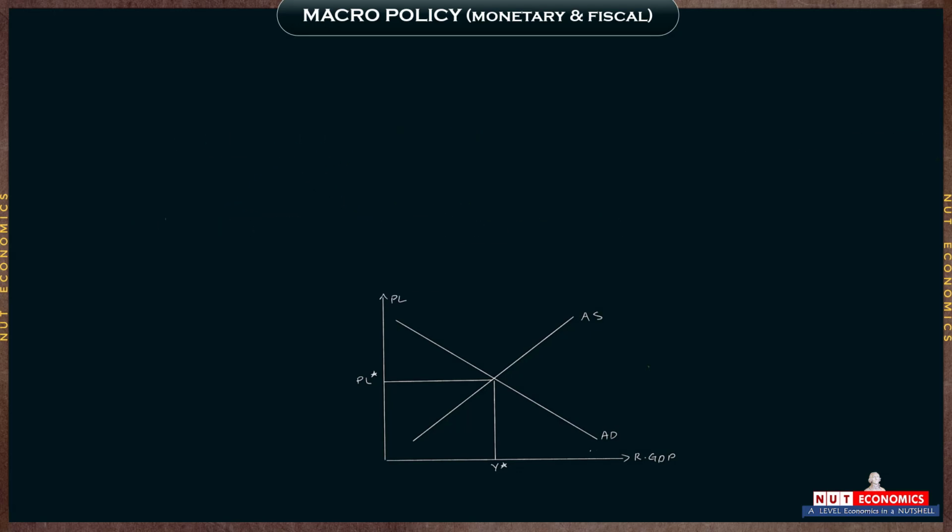Let's assume that there is an economy that initially starts in this equilibrium where the GDP Y star that this economy produces happens to be exactly equal to YP, the potential output of this particular country. Let us also make a straight vertical red line passing through this potential output.